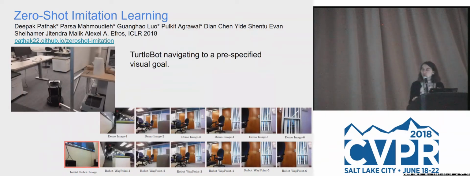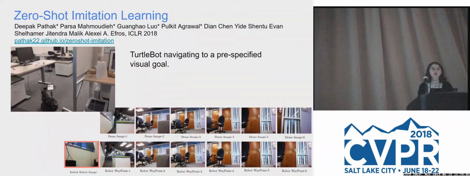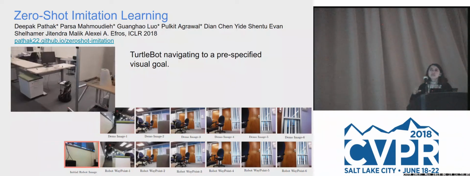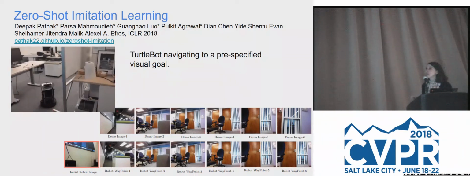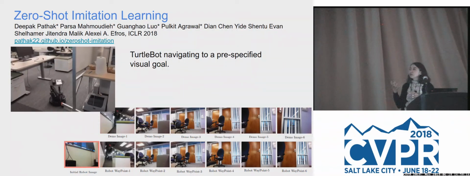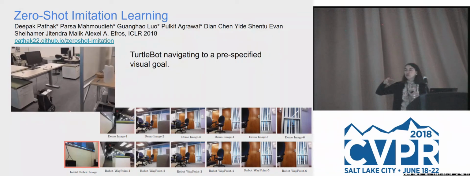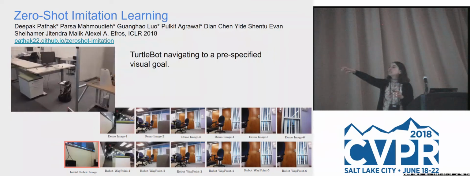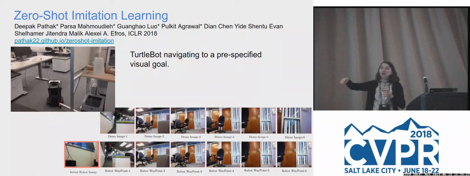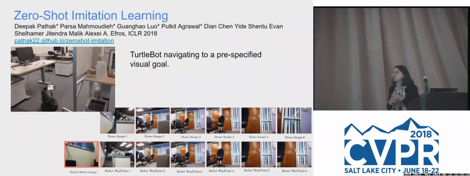Then they demonstrated it for the knot tying task, and also for another task with a TurtleBot, where the TurtleBot is navigating in the area here, and the goals are given as a set of images of what the scene should look like when it reaches it. So you can see how the input image that the robot observes and the first state are very different. So the robot really needs to look around until it finds the image and so on.